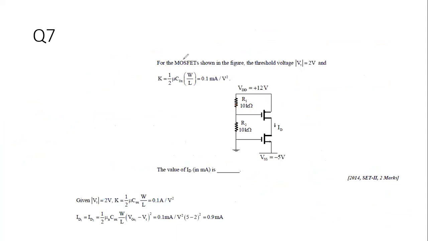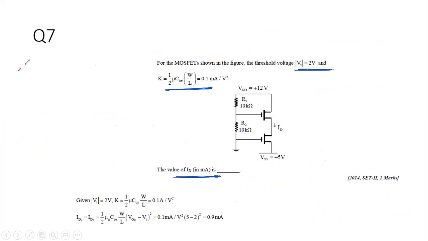Now come to the next question. For the MOSFET shown in the figure, the threshold voltage VTH is 2 volt, and the K value is given. We have to find the value of ID. My dear students, first of all, you should calculate in which region it is operating, saturation or non-saturation.